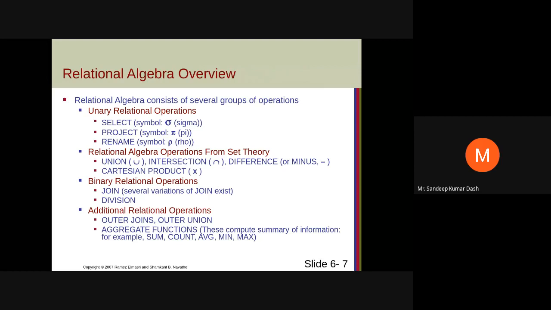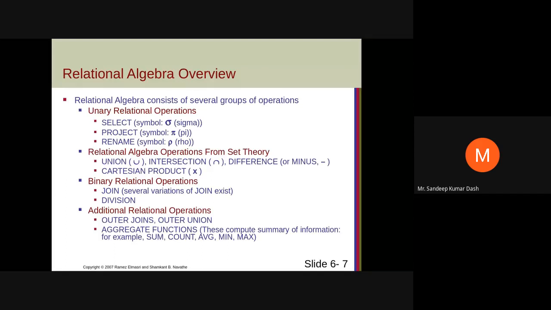We'll start with unary relational operation. That means the operator works on a single operand. That's why this is called unary relation. It works on a single relation. Suppose you are writing select star from employee. Here there is no join condition. Only one table is mentioned.